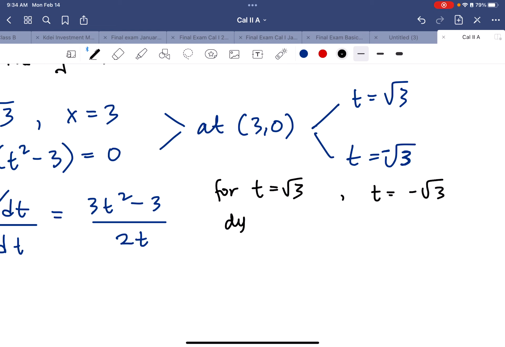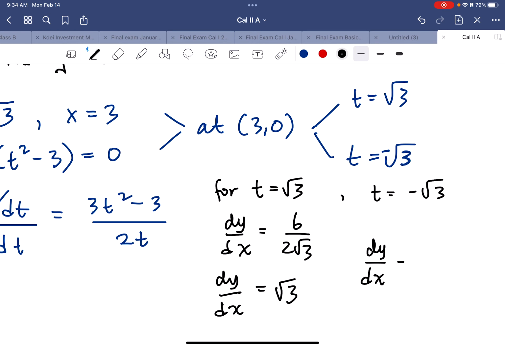So this will be dy over dx: 6 divided by this becomes the square root of 3, right? And the other one will be just taking the negative, negative square root of 3.